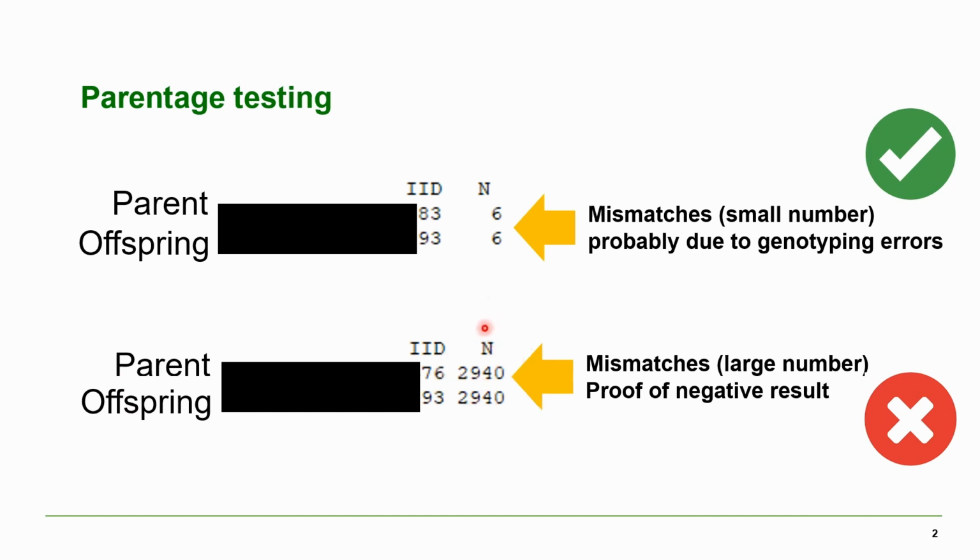Of course, it will not be all the 50,000 SNPs, because some of these might be consistent just by chance, but we will see many that are directly not consistent. So this will be a clear indication that the two individuals here are not parent and offspring.